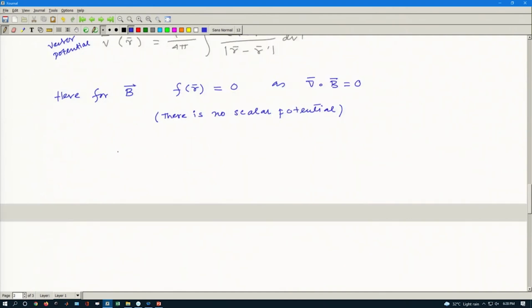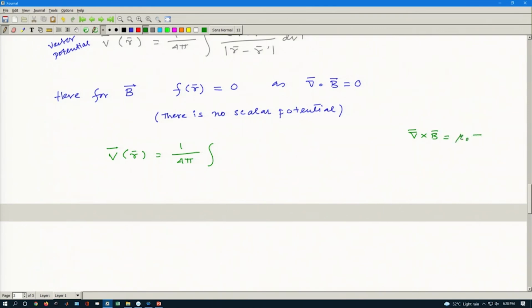But what about the vector potential? Yeah, the vector potential is very much there. So, the vector potential V, which is a function of r, is simply 1 by 4 pi integration. Now, I need to exploit the value of the curl of B, this value I need to put inside this integral.